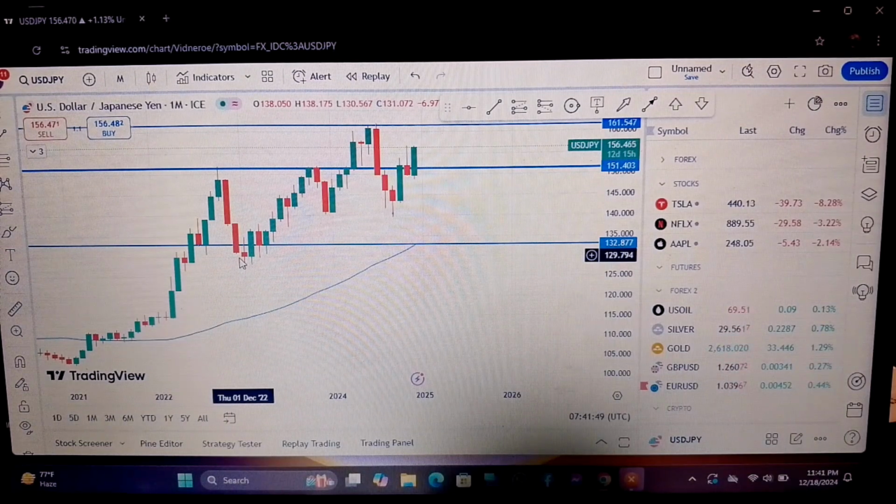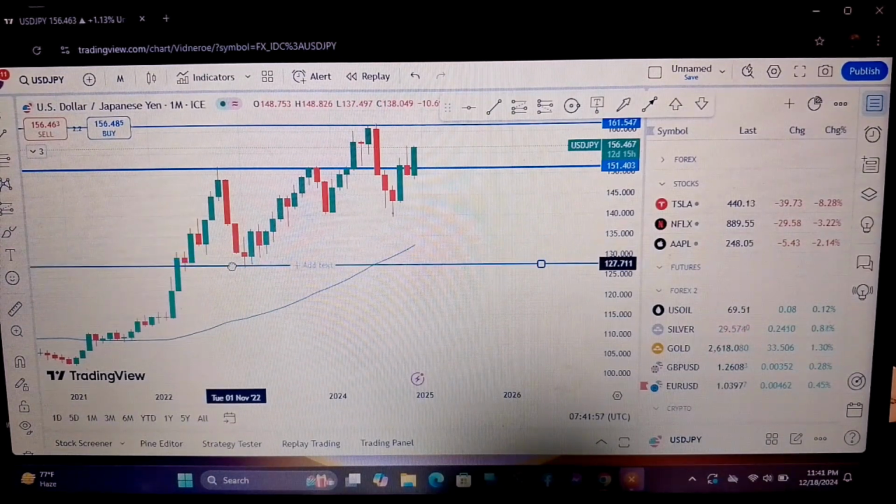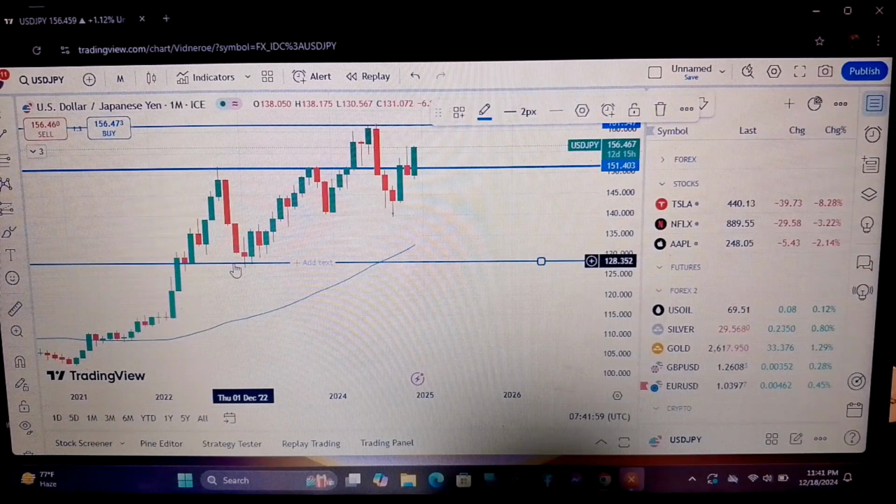But personally, I do not call this action a break of structure until it has broken the next low. If it was able to break this particular low, then I will say this is a break of structure.